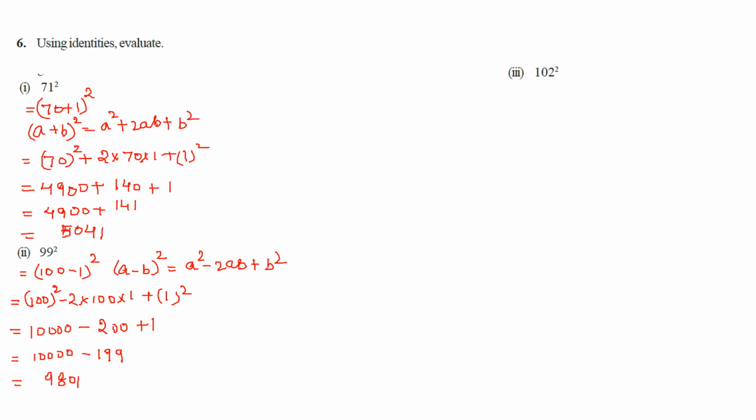Next, 102 whole square. So again you see 102 is near to 100. So I can write 102 as 100 plus 2 and then whole square. So I am going to use the identity a plus b whole square, which will give me a square plus 2ab plus b square.